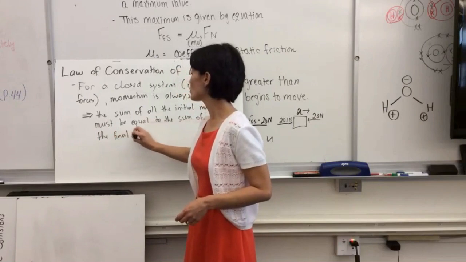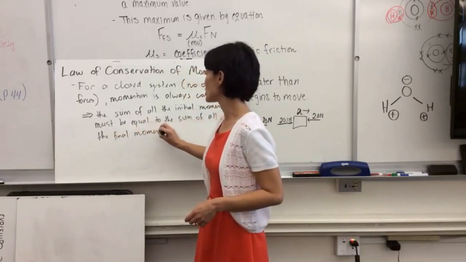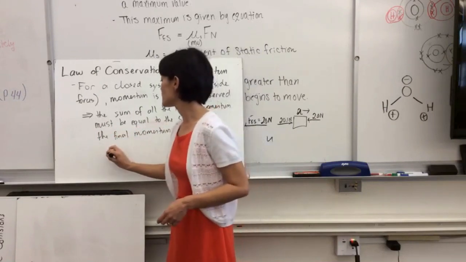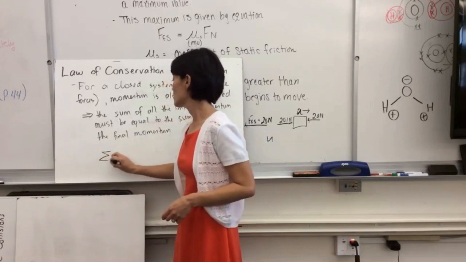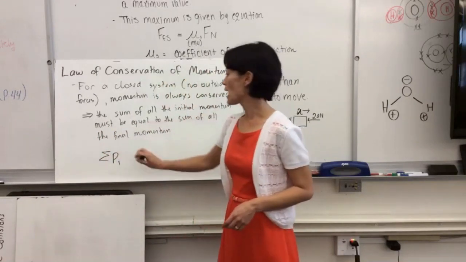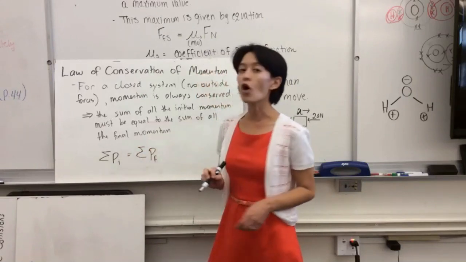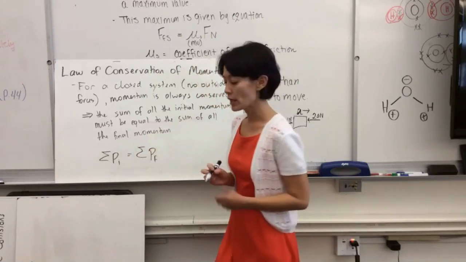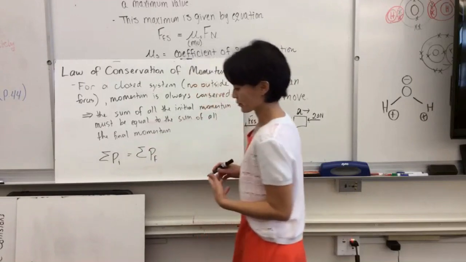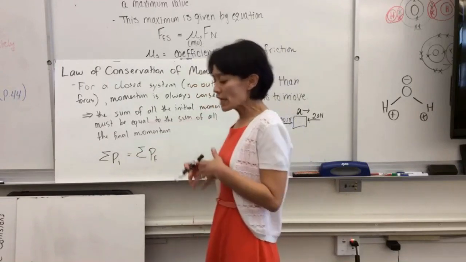And the way we represent that in an equation is that the sum of all the initial momentum has to be equal to the sum of all of the final momentum. Okay? And momentum is conserved in all collisions.